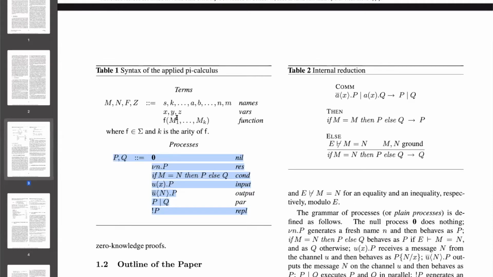Terms are either names or variables, or you've got some function symbols applied to terms. So if the arity of f is k, then you would have k terms here. So this is pretty much an equational theory. Any questions about that?